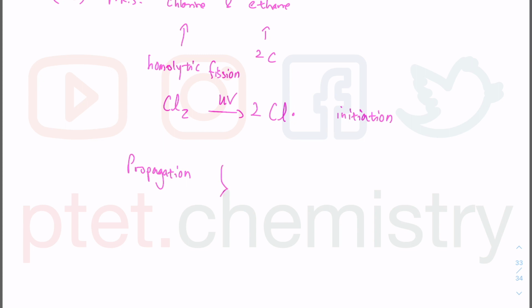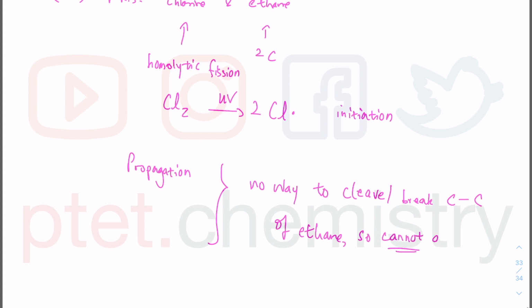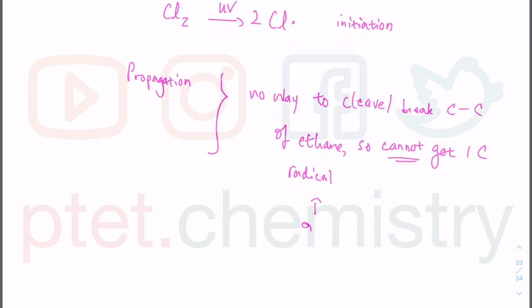Okay, so propagation, no way to cleave. To cleave means to break the carbon of ethane. So you cannot get a one carbon radical. One carbon radical is option 1 there, and if option 1 is wrong, therefore you must have option C, which is 2 and 3.